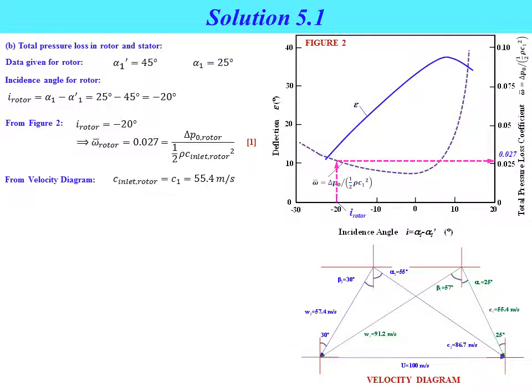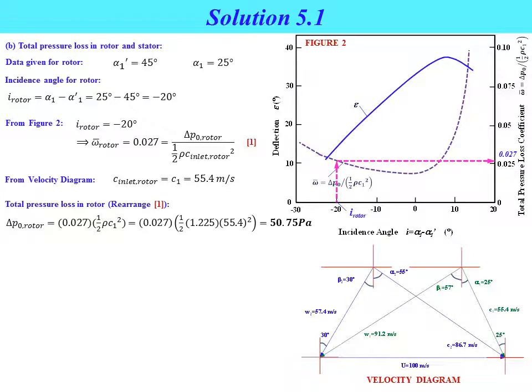From the velocity diagram, C inlet for the rotor is equal to C1 equal to 55.4 meter per second. In order to obtain total pressure loss in rotor, we rearrange equation number 1, and then we obtain the value of delta P naught rotor, which is equal to 41.43 Pascal.